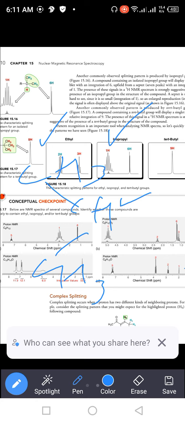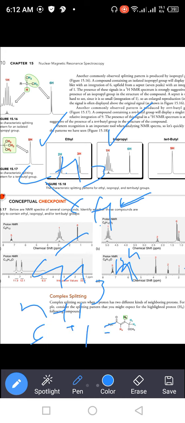When we talk about the integration of 1 proton, CH, it means this single proton has six neighboring protons. There are two methyl groups attached to this carbon. So when we talk about the splitting of the single proton, in fact this single proton will be split by the six neighboring protons. In the n plus 1 rule, if we put the value 6 plus 1, the answer will be 7.